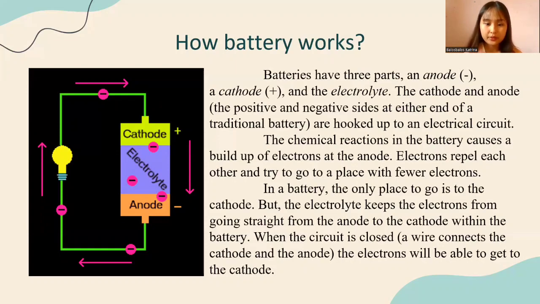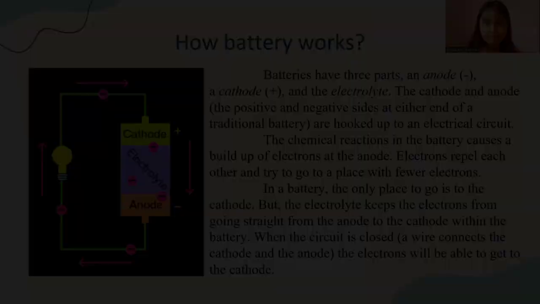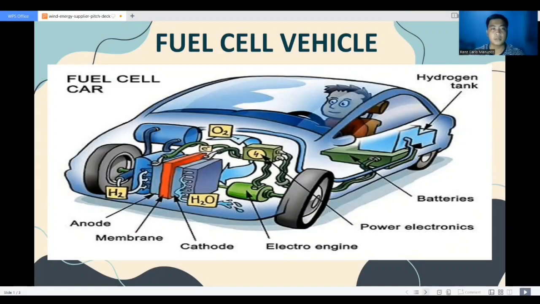That includes my report. Cell card. Anode is the negative or reducing electrode that release electrons to the external circuit and oxidize during the electrochemical reaction.